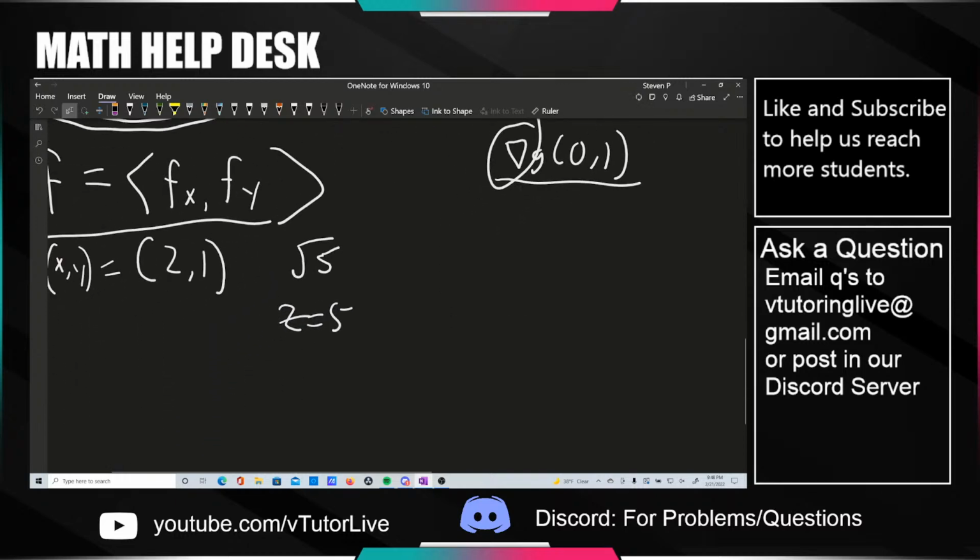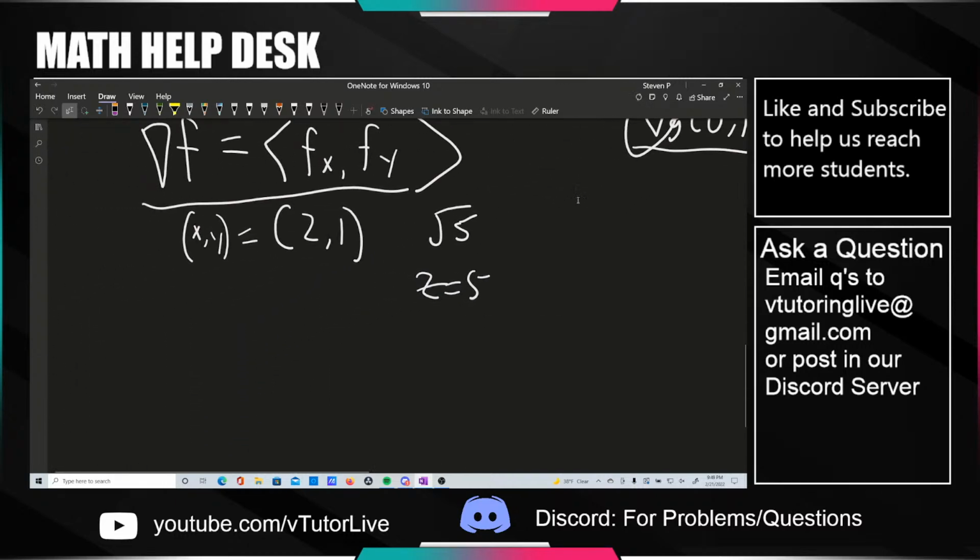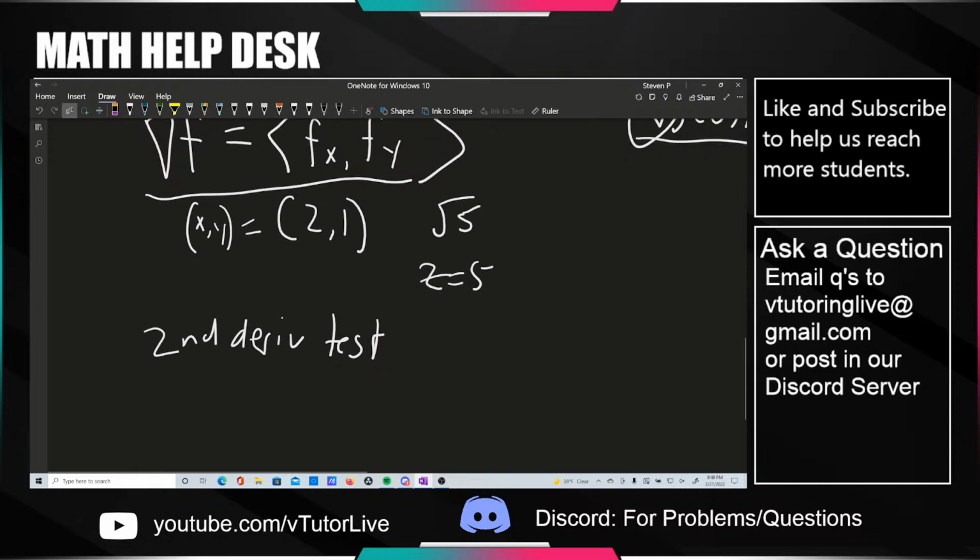Okay, now we're finally talking about the second derivative test, right? I actually reviewed some notes here, and if I remember correctly, the second derivative test is presented without much motivation in multivariable calculus. I don't think they really give you a proof of it.